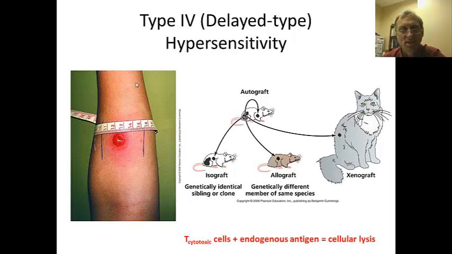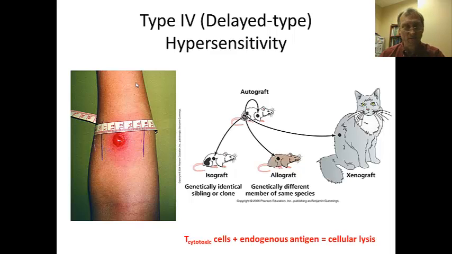This T cytotoxic cell recognizes endogenous antigens, but instead of triggering something like agglutination or complement-mediated lysis, what occurs is that the T cytotoxic cell attacks and destroys directly the cells bearing an endogenous antigen through the process of cellular lysis.